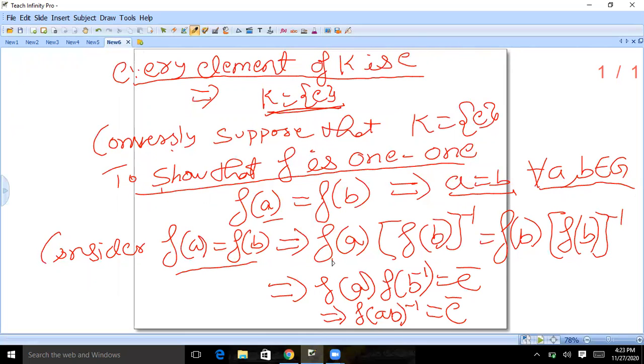As usual, f of a into f of b whole inverse is equal to f of b into f of b inverse.